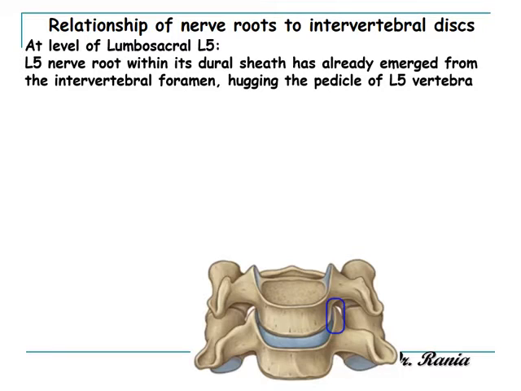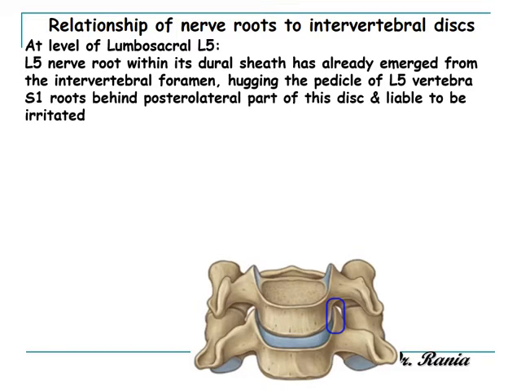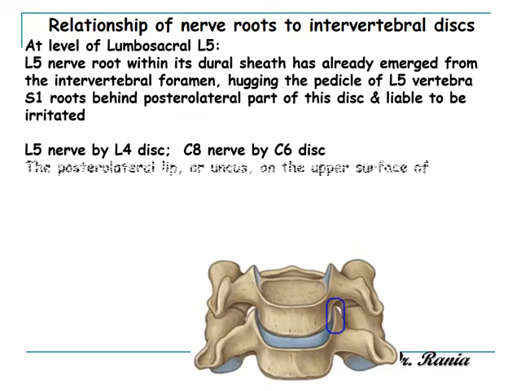So the nerve which lies obliquely in posterolateral relation with this disc is the first sacral nerve. So the first sacral nerve is liable to be irritated. By the same rule, when the fourth lumbar disc herniates, the fifth lumbar nerve will be irritated. When the sixth cervical disc herniates, the seventh cervical nerve will be irritated.